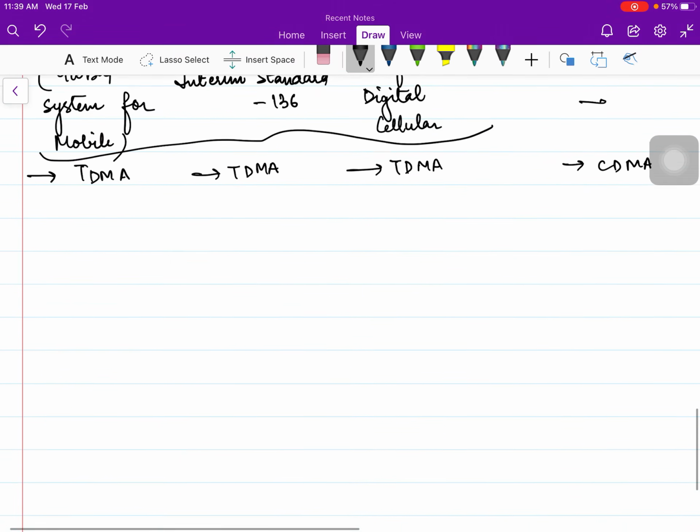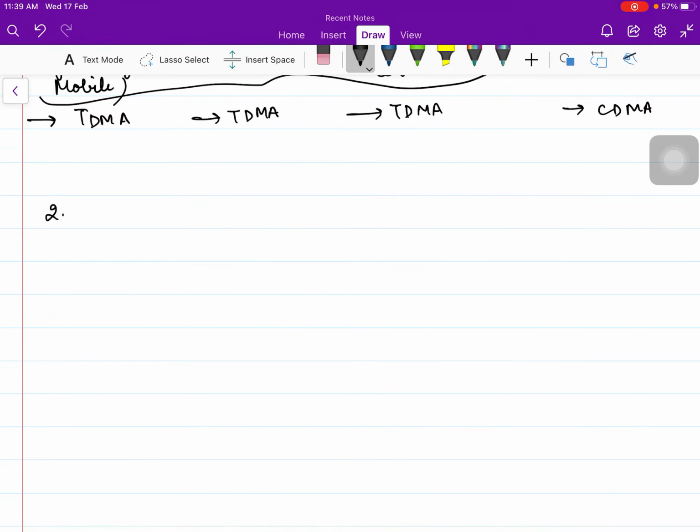Now after that came 2.5 generation. It's not third generation, it was 2.5 generation. So why 2.5 generation? Why was it so called? Why 2.5G and not 3G?